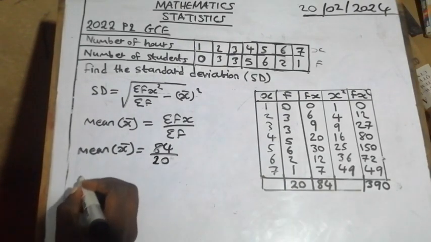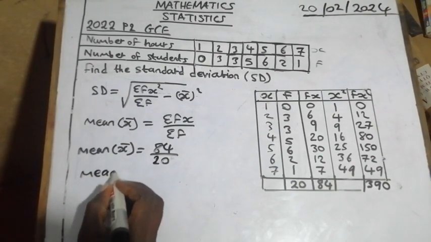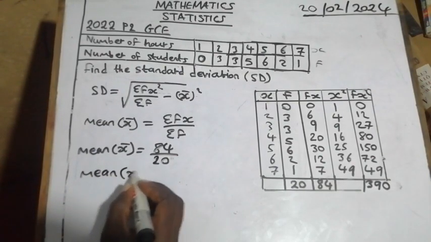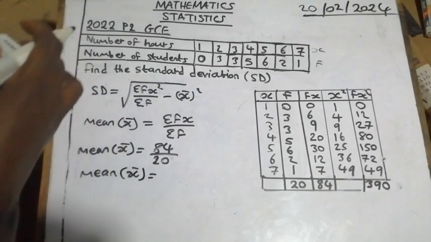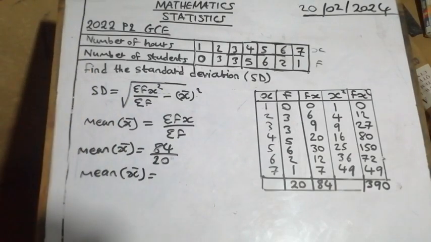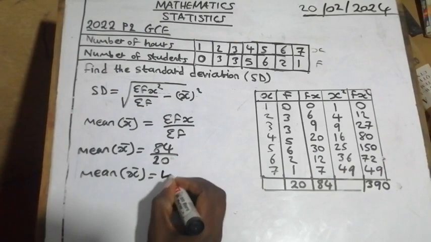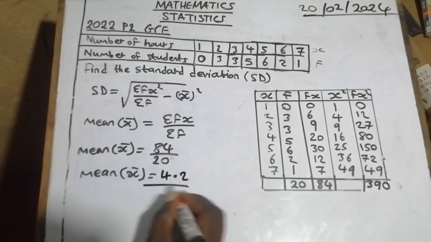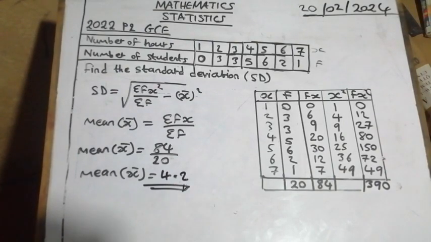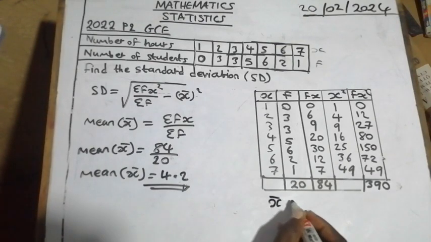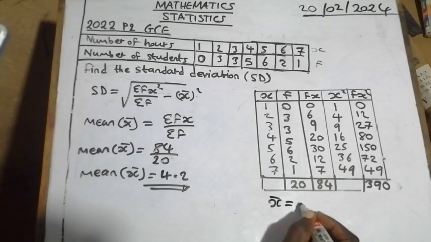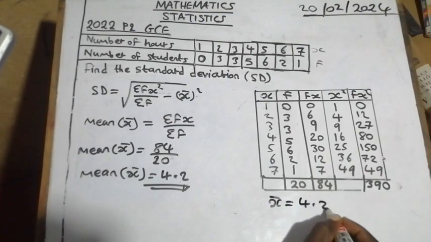So now the mean will be equal to 84 divided by 20, which is 4.2. So our mean is 4.2. We can keep it here, x bar equal to 4.2.